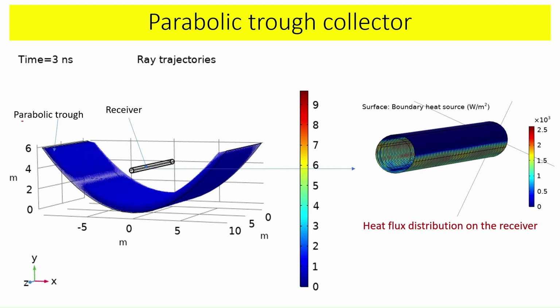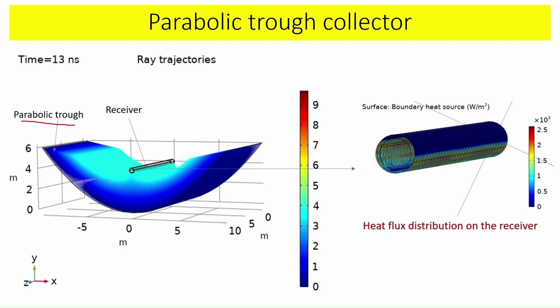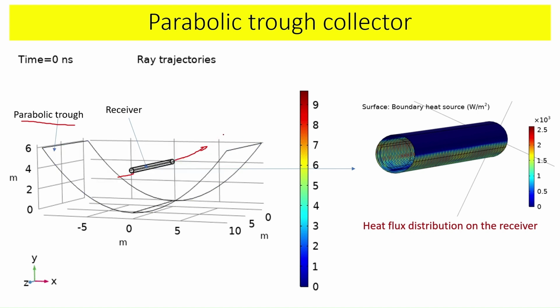This we call parabolic trough. The sunlight falls on this parabolic trough, gets focused on the receiver, and there is a working fluid flowing. It's the same as in the solar tower we saw, and this working fluid heats up and is sent to various applications, either a power plant, just like in the solar tower.